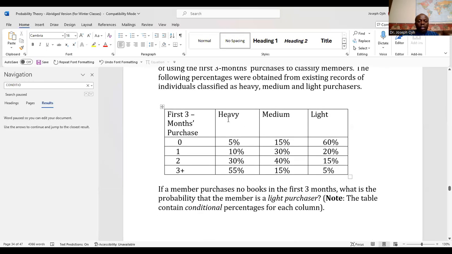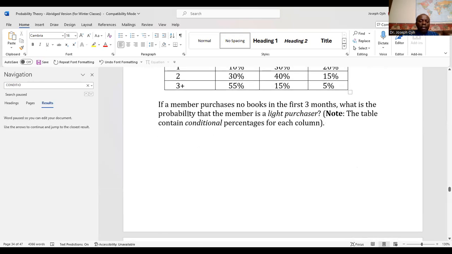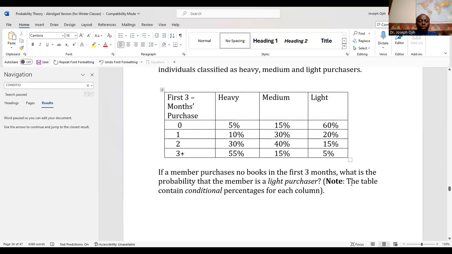You can see heavy, medium, and light here for the first 3 months: no purchase, 1 purchase, 2 books bought, 3 books bought, and these are the probabilities. So if a member purchases no book in the first 3 months, what is the probability that the member is a light purchaser?